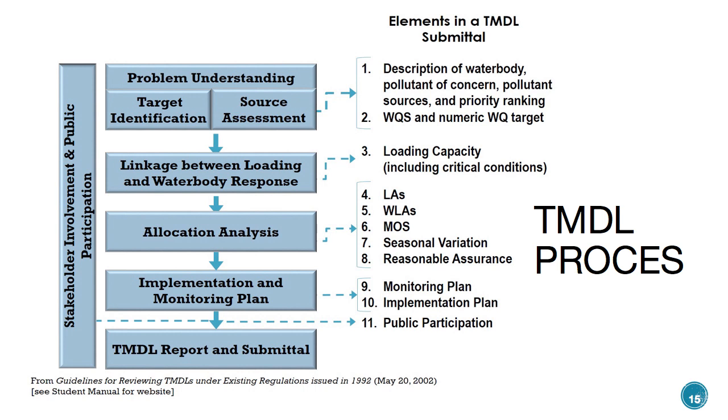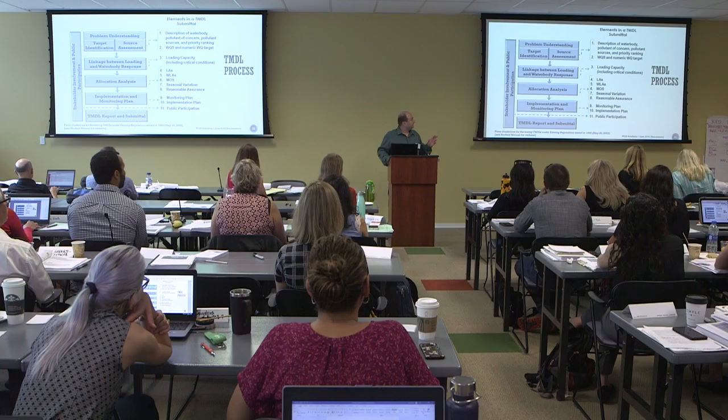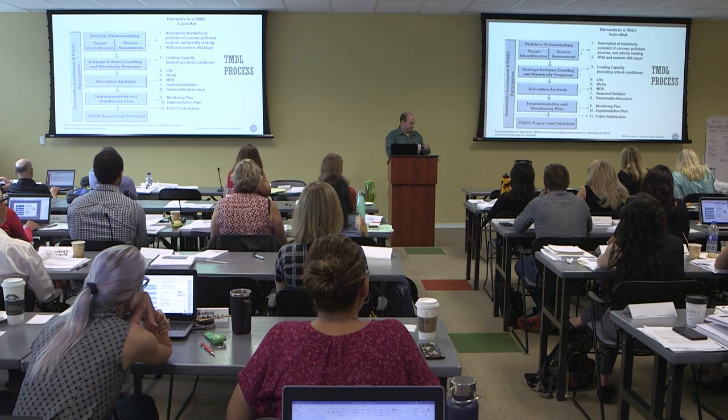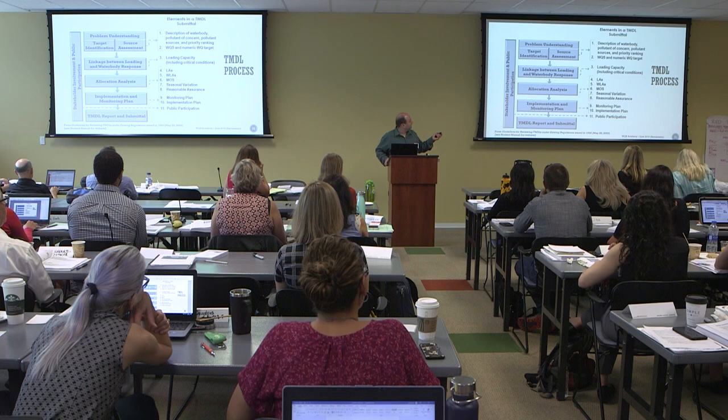If a persuasive case isn't made that the allocations will result in attainment of the water quality standards, then we would not approve. That's the basic gist of it. And so when we talk about all these details, that's really the key one. This is a nice little diagram, but it's a lot on it.